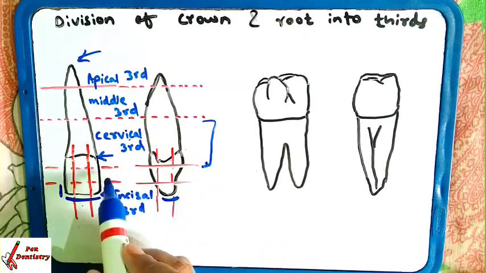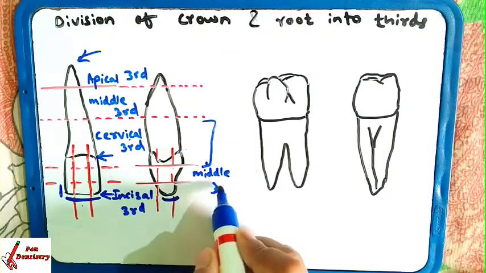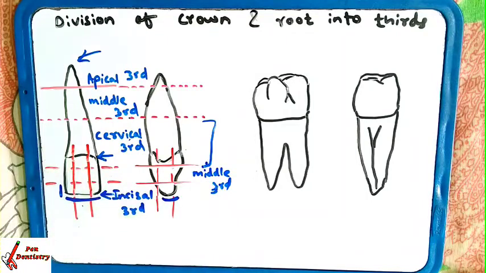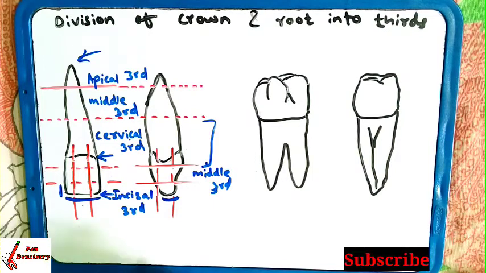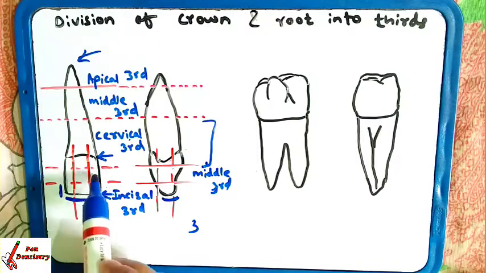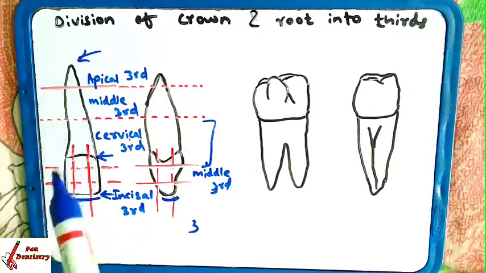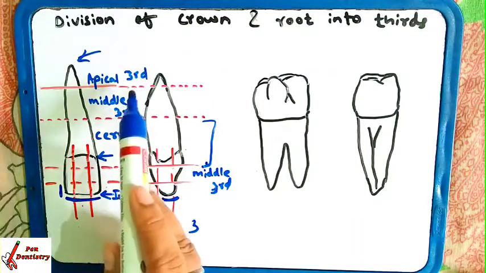The middle part is the middle third. This is the division of the crown according to the third ratio. We are dividing it in three parts, the first, second, third. Again we are dividing the root in three parts, 1, 2, 3. That's why it is known as third.